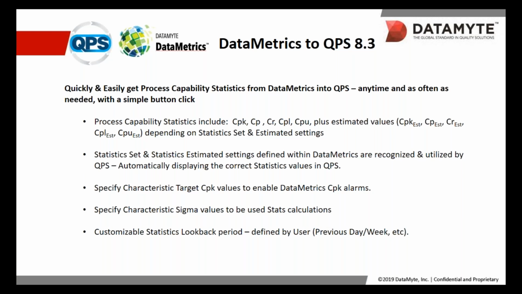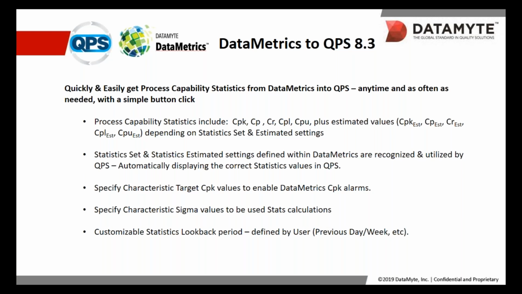So quickly and easily, we get those process capability statistics from DataMetrics coming back into QPS, and we could get that as often as we needed with the button click. So here are some of the different statistics that we would set up previously in the DataMetrics software, and then depending on whether we are using the set or the estimated settings, that will pull that information back into QPS.